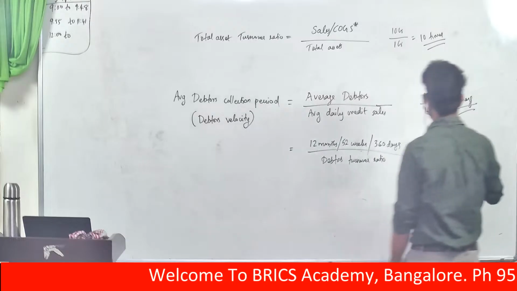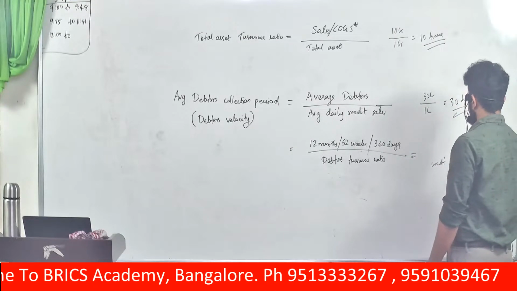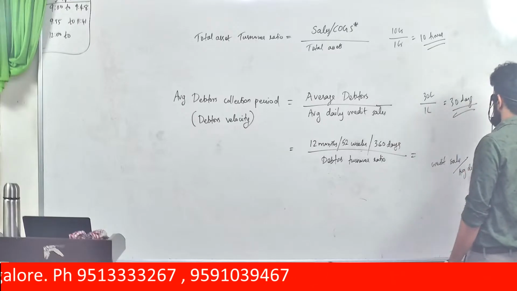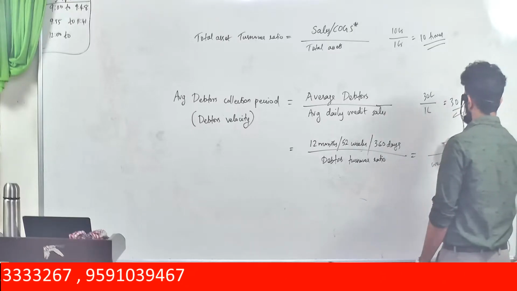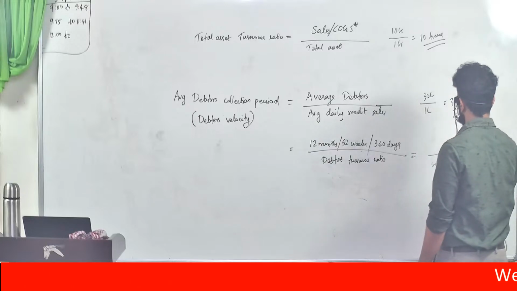Can you tell me what is debtors turnover ratio? Credit sales divided by average debtors. Let's just take 360 days for simplicity.